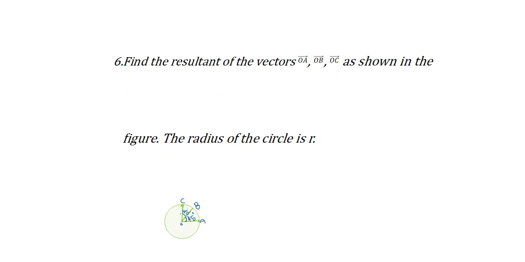The radius of the circle is R. So one circle is there, its radius is R. The vector OB bar is making an angle of 45 degrees with the x-axis and 45 degrees with the y-axis. And the radius of the circle is R. Now find out the resultant of OA bar, OB bar and OC bar.